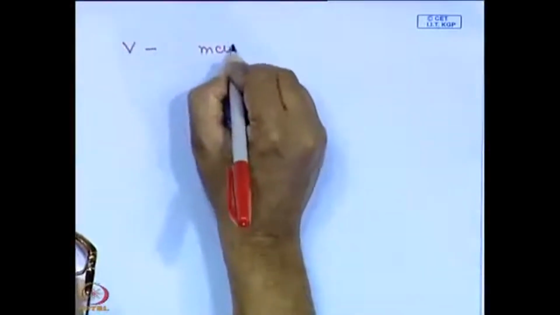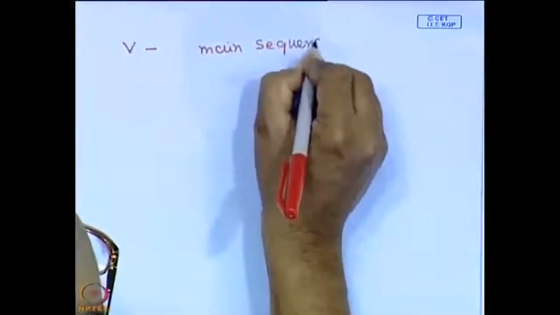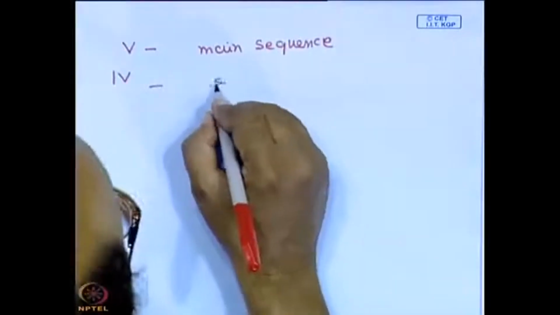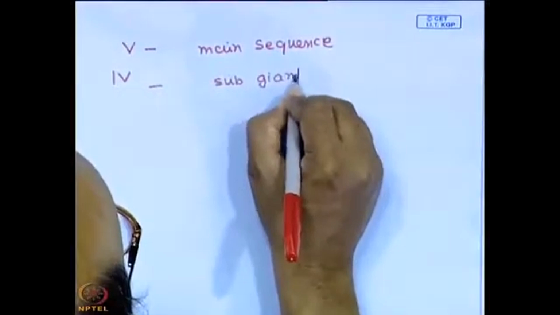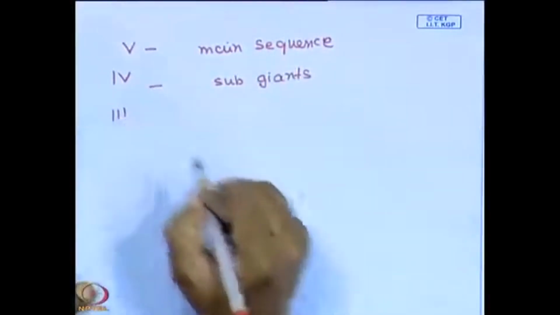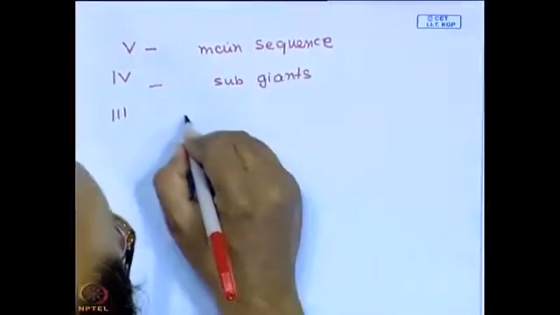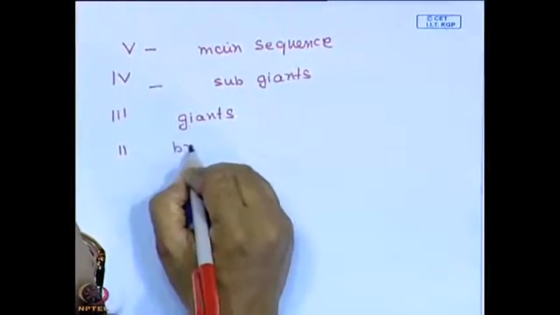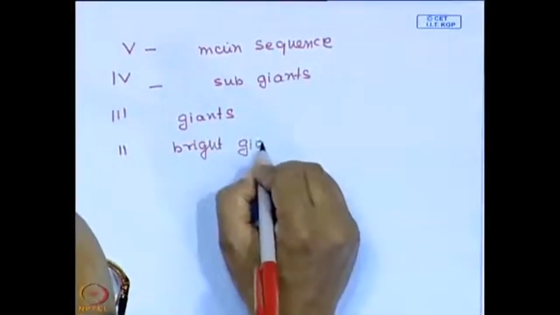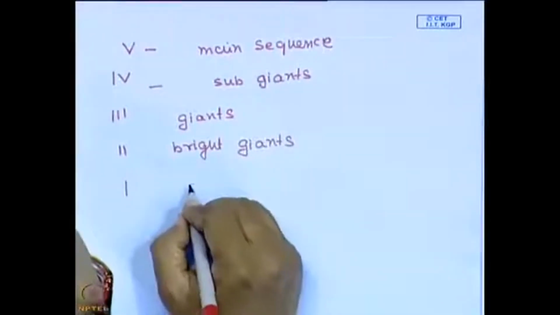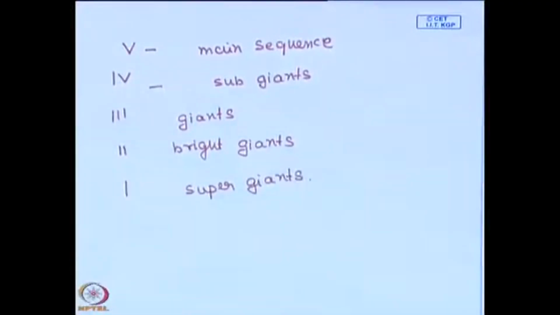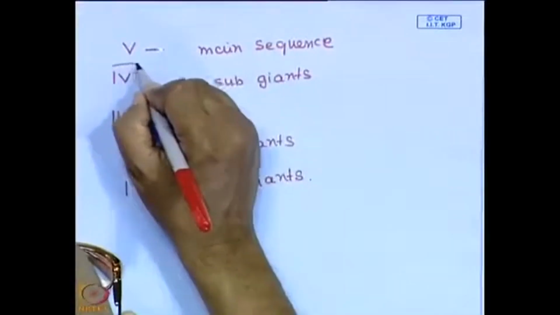Stars of class 5 are the main sequence, class 4, these are the subgiants, class 3, these are the giants, class 2, these are the bright giants, and class 1, these are the supergiants. So, the main sequence are the ones which burn hydrogen.